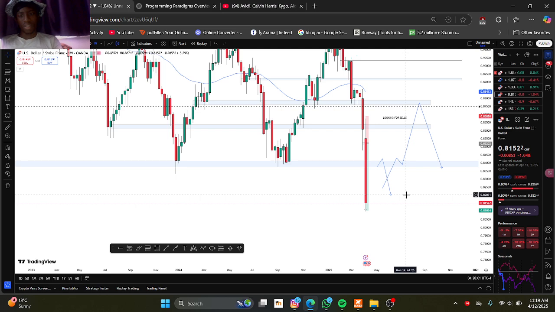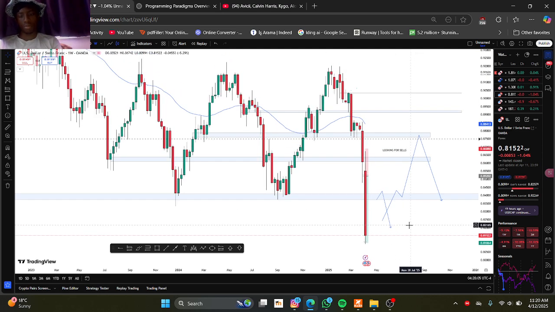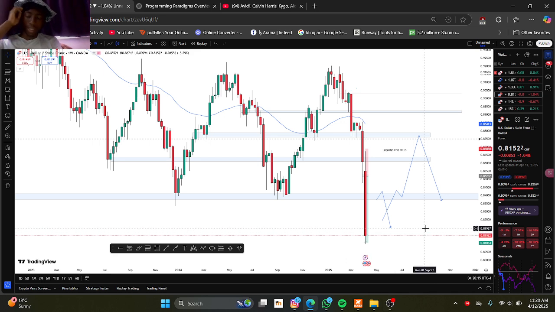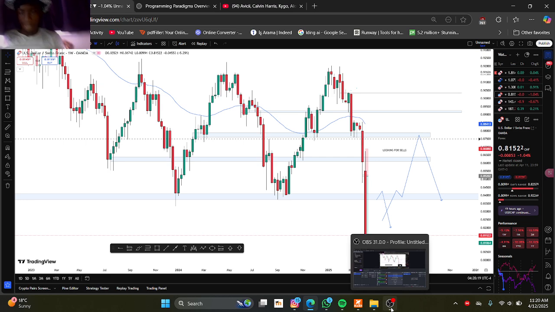I would want to see how this upcoming week will close for this pair, for me to continue or to look at this pair again. But for now, no. So let's pick new pairs and see how we can analyze this more, and choose what to be looking at for this upcoming week.